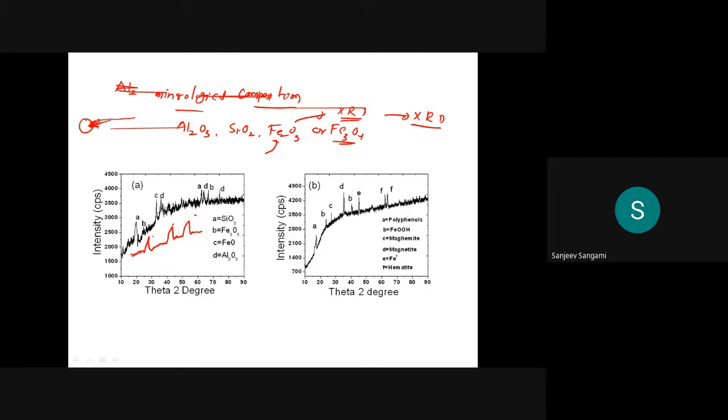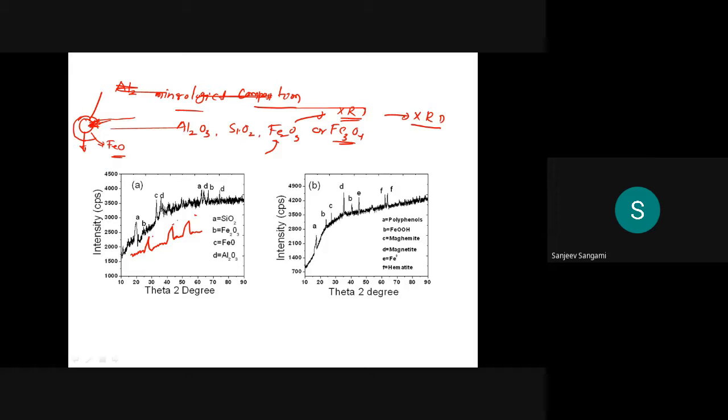If SiO2 is there, it will deviate with some angle. If Fe2O3 is there, it will deviate with some angle. If FeO is there, it will deviate with another angle. So the angle can be measured with the help of X-ray diffraction.